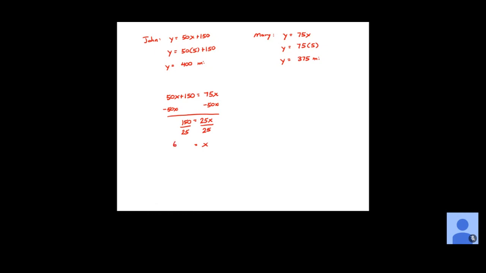Now, what are the units going to be here? What does that x value represent? Hours, right? Okay, and so in this case, our x is going to be 6 hours. Or if you want to think about the specific time, what time would that be? 6 o'clock p.m., right? We know we started at noon, and so 6 hours after that would be 6 o'clock p.m. That's when she would actually catch him.